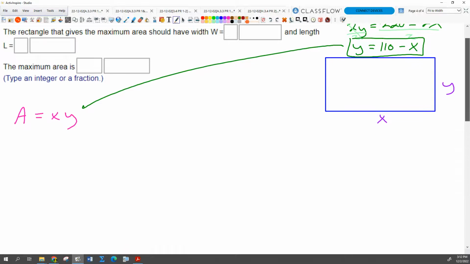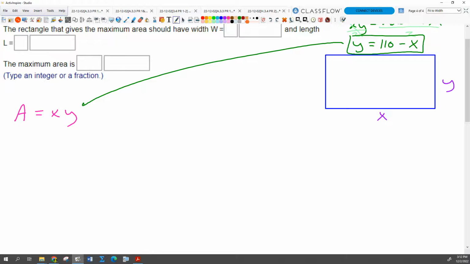So then I end up with A equals x times 110 minus x, right? Which is the same thing if I distribute my x. That's 110x minus x squared.